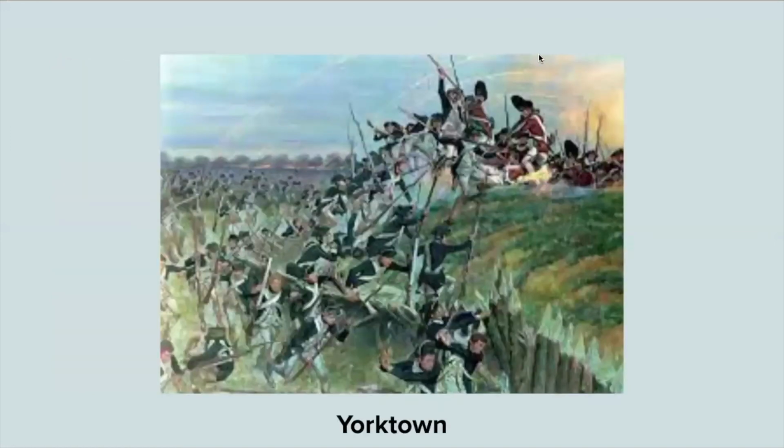Still, the Americans were searching for their last and final victory to seal the deal. The Battle of Yorktown would give them exactly what they needed. With the Continental Army positioned in New York, Washington and the French general, Rochambeau, teamed to plan a timed attack with the arrival of more French forces.